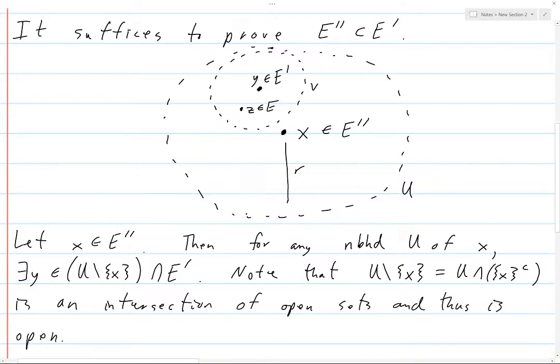Furthermore, it's not empty because U is a neighborhood, it contains points besides X, and so if you remove X it is going to be non-empty, but that's not super important. At least not here. Like, it's not something you have to worry about. Okay, so this is an intersection of open sets and thus is open.